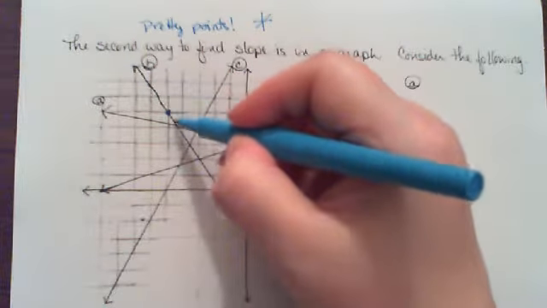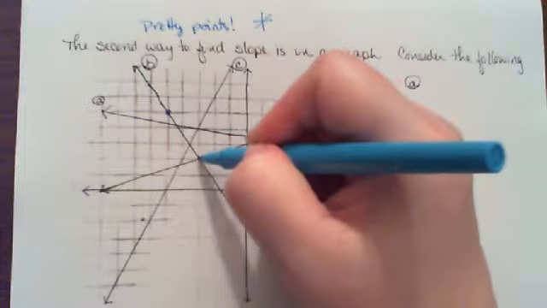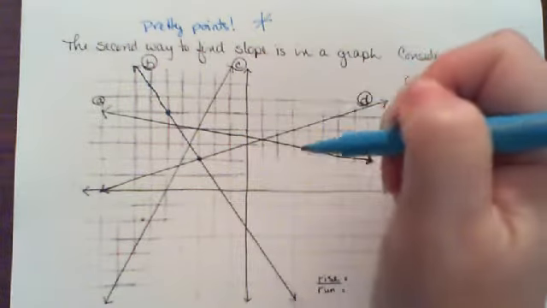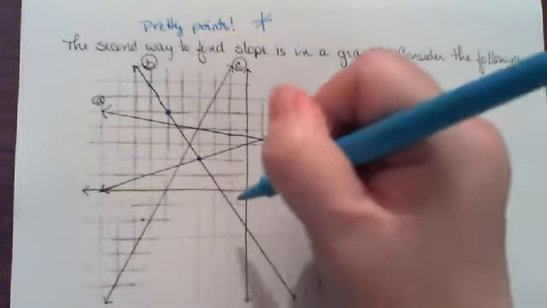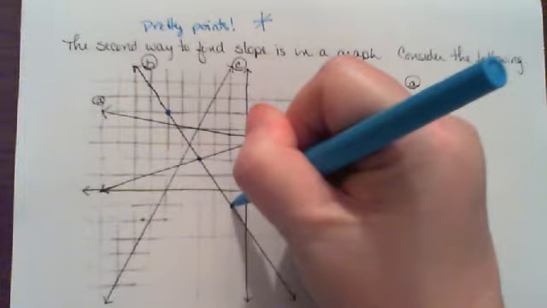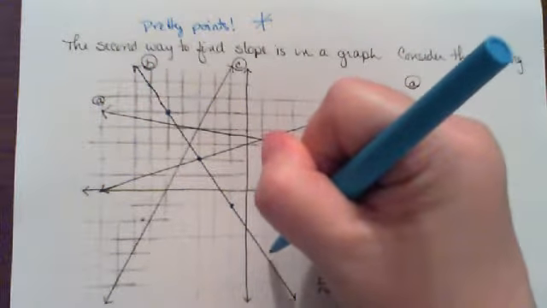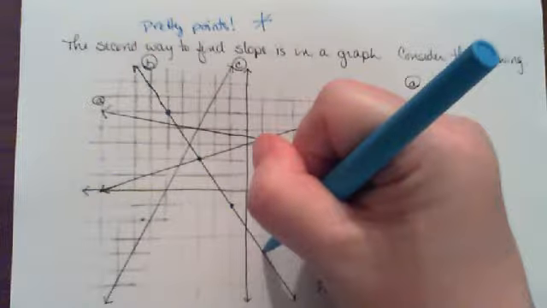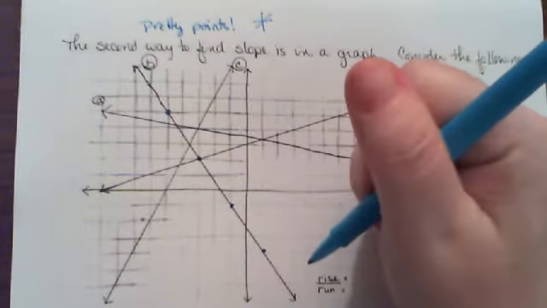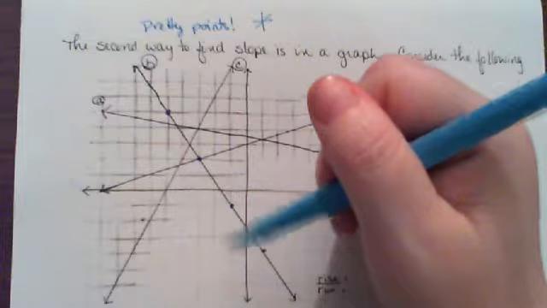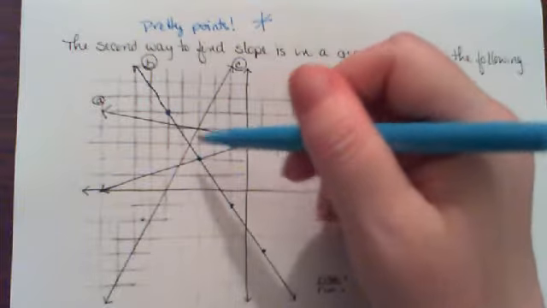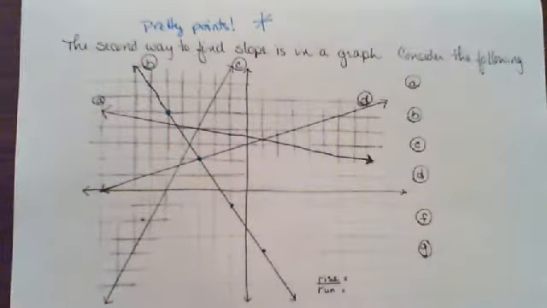If I look further down this line, I can come up with another point where it crosses T exactly. There's another one. Down here is another one. And it keeps on going. That's what we're looking for, places where the line crosses that point exactly.